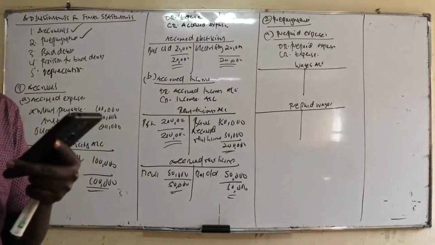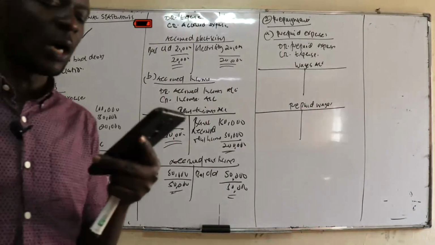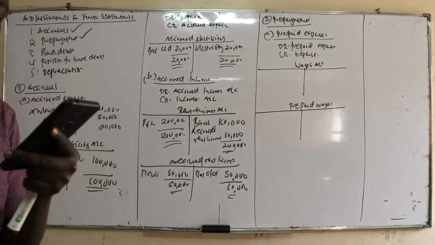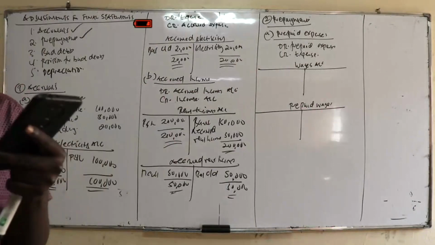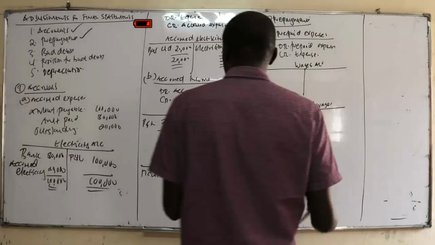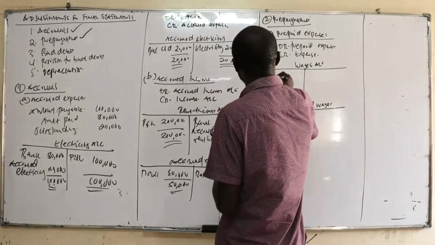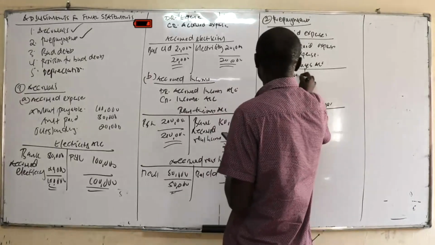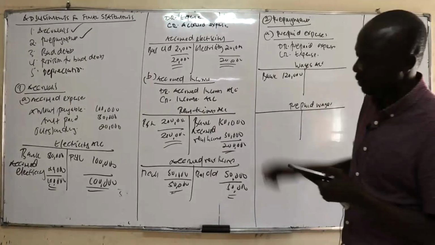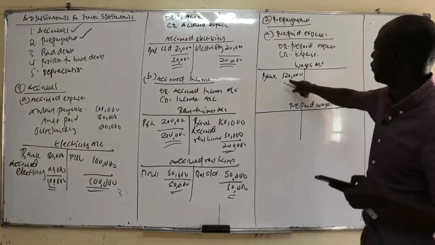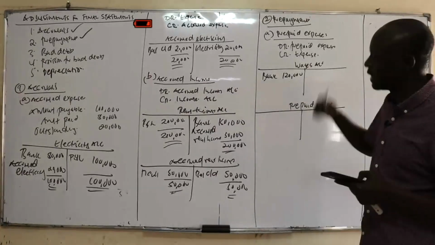You credit the account that is losing, and you debit the account that is gaining. In this case, wages is gaining from bank. So write here bank, 120,000. They paid 120,000, but we are aware that 20,000 is not for the current year. It is for the next year, which is 2010.